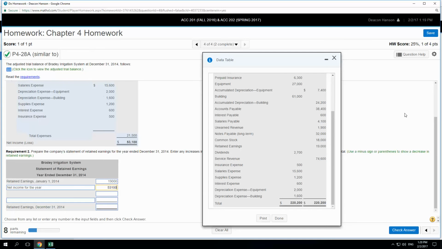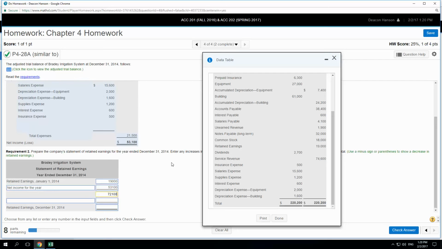And then what we normally do is we make a subtotal. Sometimes they even put the word subtotal in here. So we would have to add the beginning and the net income. So what do I have? 72,100. Looks like it, yeah.